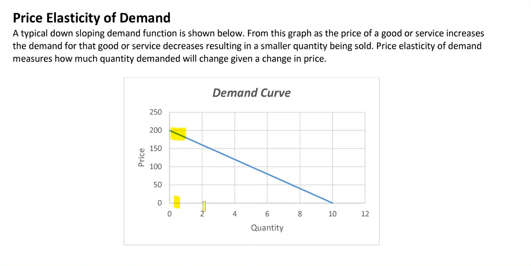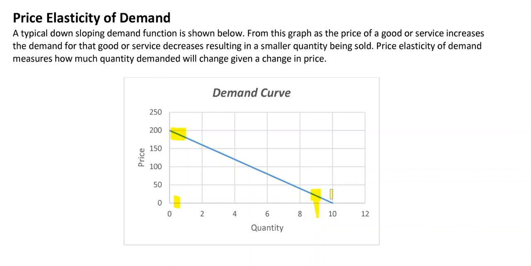But as the price decreases, as we see over in this part of the graph, the price is very low on the vertical axis, but the quantity demanded is high. So some type of a downsloping curve will represent the law of demand.